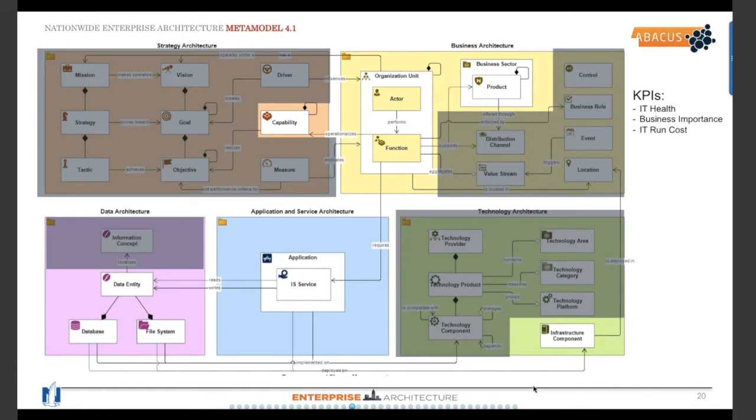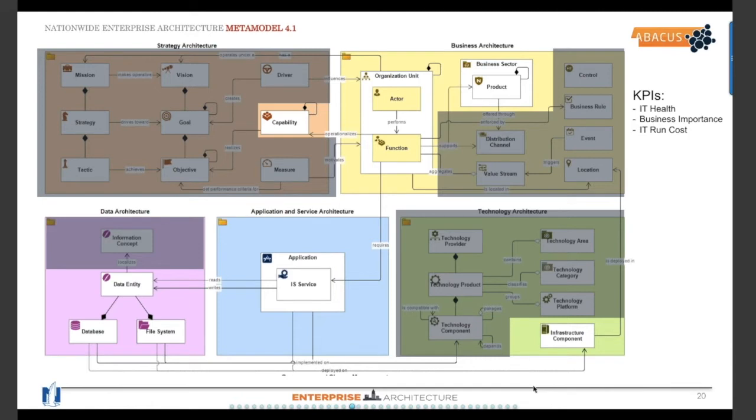So one of the first things for us was to identify what the key components in our enterprise are that are going to help us answer this question. So capability, different organization units and different functions within the organization unit, and applications and the infrastructure that they run in. So we had 3 KPIs that we were looking at: IT health, business importance, and IT run cost.